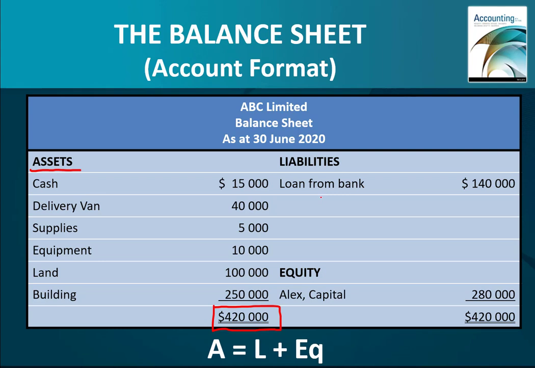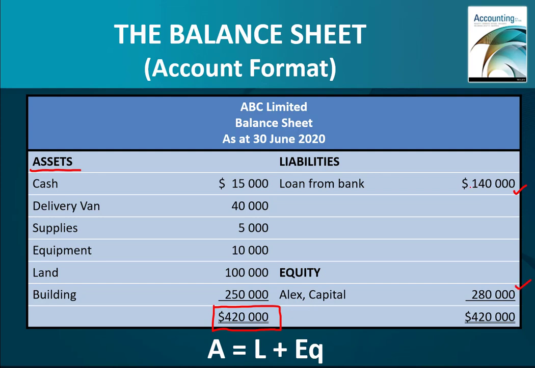On the right side, you list all your liability and equity. For example, loan from the bank, 140,000, and the amount of capital contributed by the owner. For example, the name of the owner is Alex. So Alex contributed $280,000.